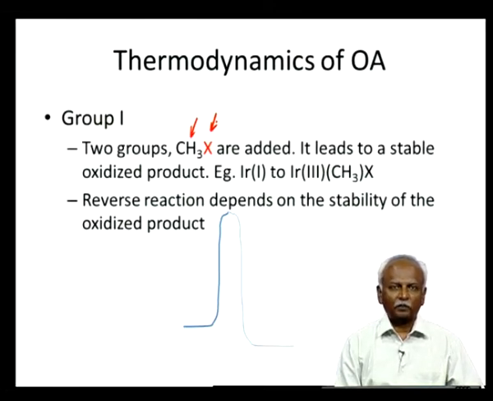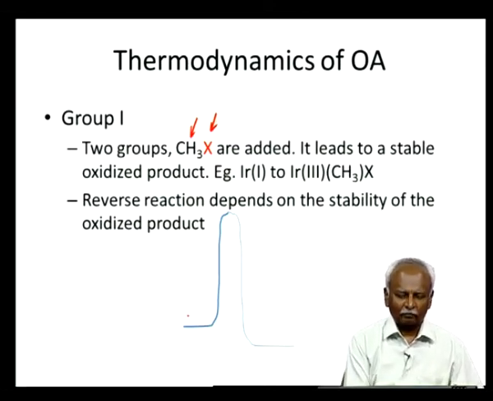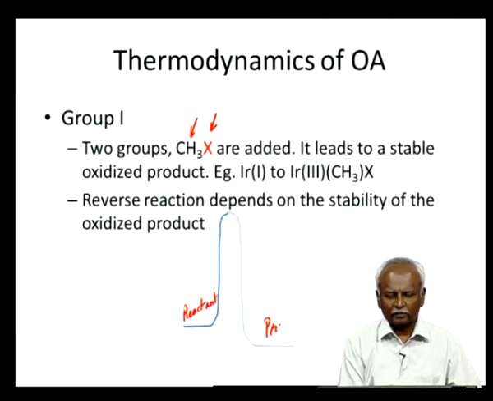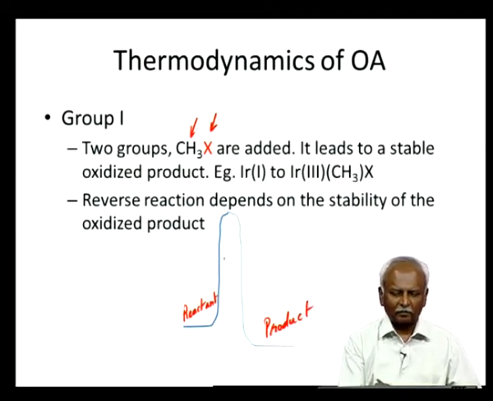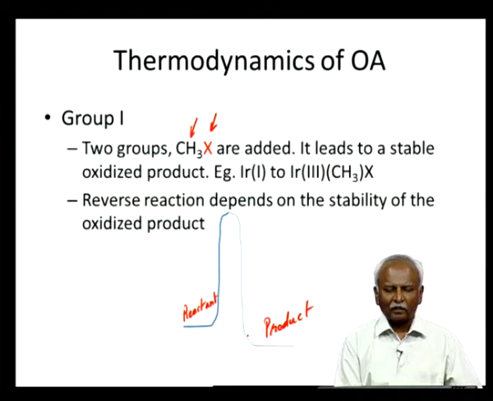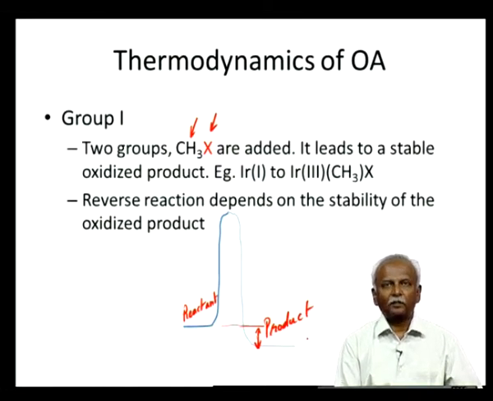Here I have pictured an energy level diagram, where we have the reactants on this side and the product on this side, and you will notice that there is an energy of activation, but this reaction is exothermic by a certain amount, and the thermodynamic stability of the product will determine how exothermic this reaction is.